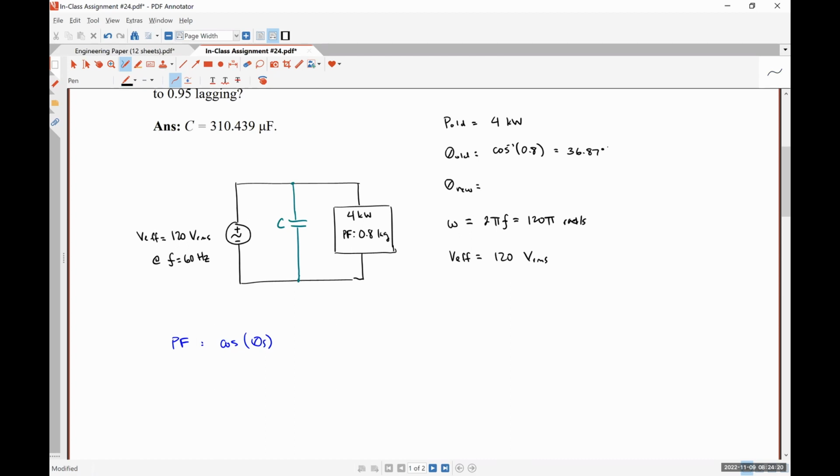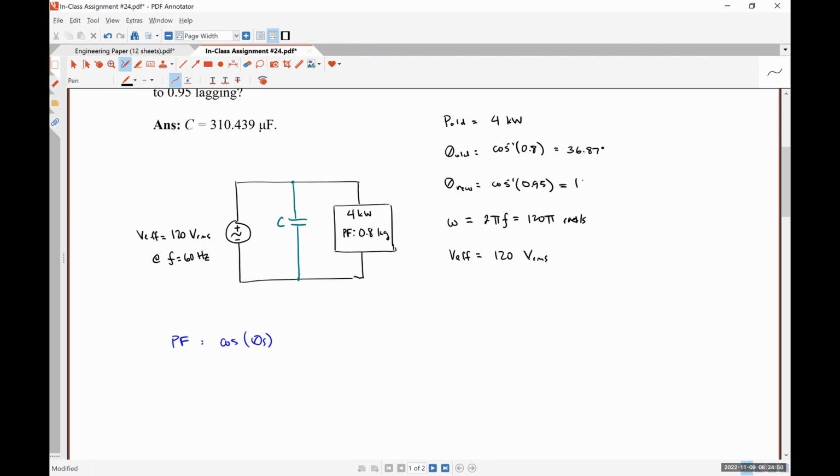Let me get a calculator out and double check that. That's right. I wasn't able to do that in my head, just to be very clear. This is a very common number that shows up, so I just happen to remember it. So not some kind of weird inverse trig function savant. The inverse cosine of 0.95, I do not have remembered, so somebody please tell me what that is. 18.19 degrees. All right.